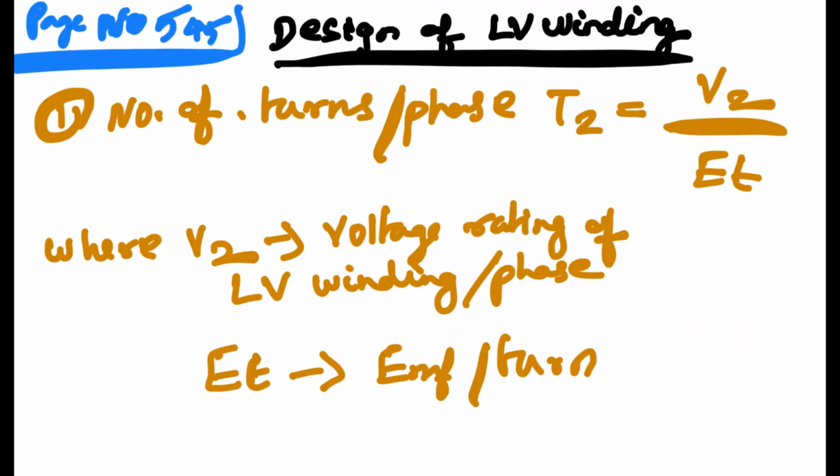Design of LV winding. Step 1: number of turns per phase, T2S, is equal to V2 divided by ET, where V2 is the voltage rating of LV winding per phase and ET is the EMF per turn.